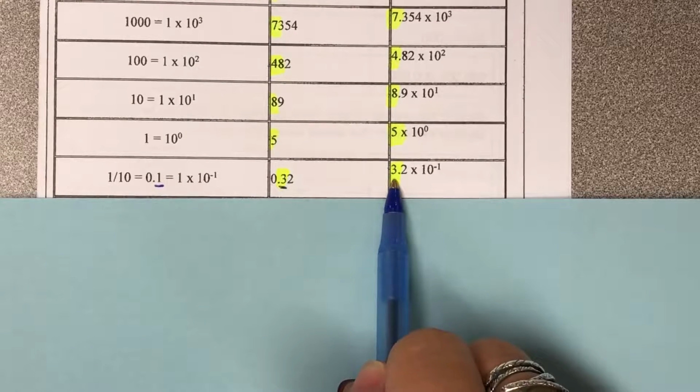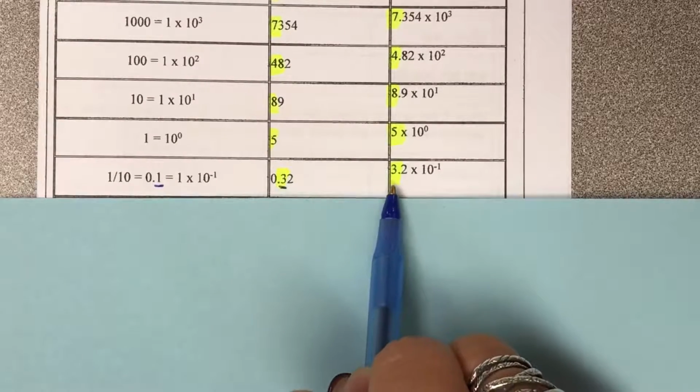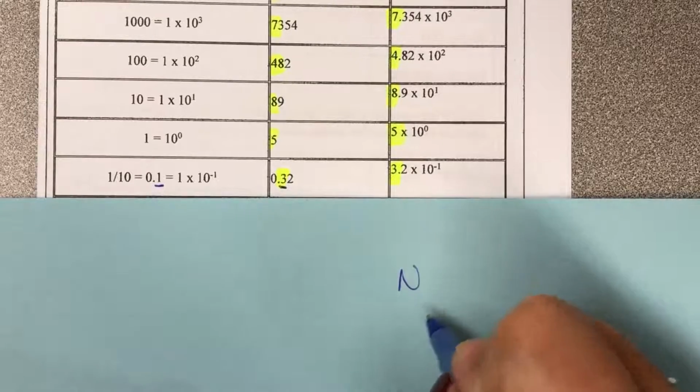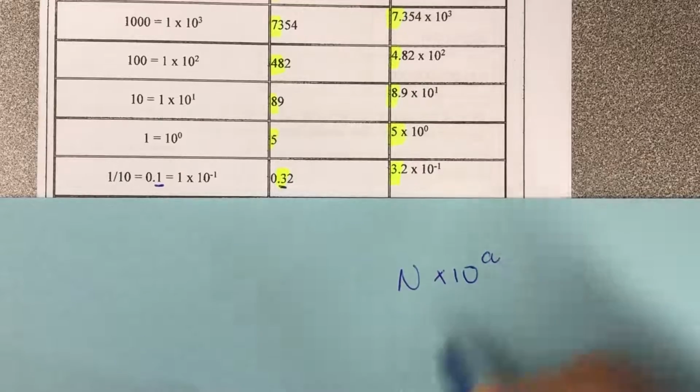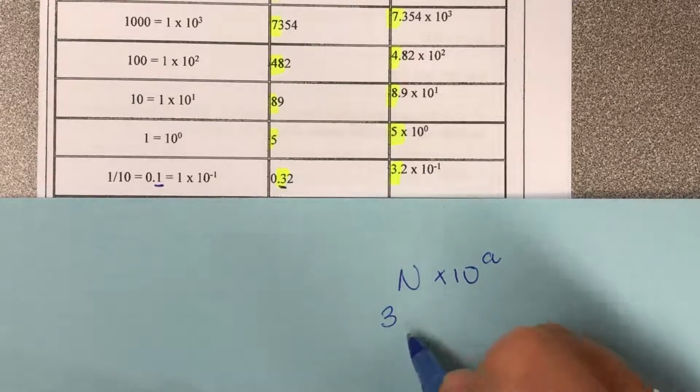3 is a number between 1 and 9, which satisfies the form of scientific notation, which is a number between 1 and 9 multiplied by 10 to an exponent. So here we have the 3, which is a number between 1 and 9.